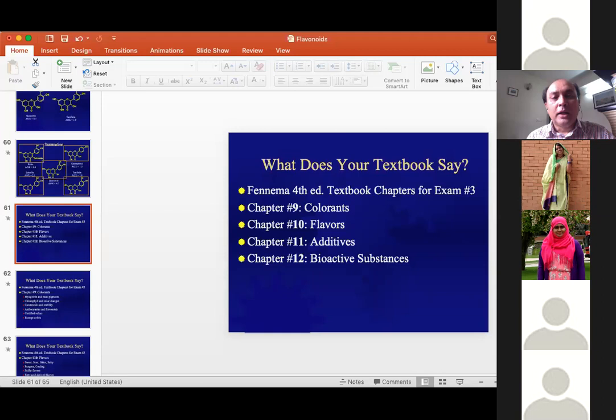So different colors, especially colors of plants and other organisms, are basically flavonoidal compounds. Even textile dyes, natural dyes in fabric or clothes, originally people used flavonoid dyes. They are very good for the health compared to the synthetic dyes.